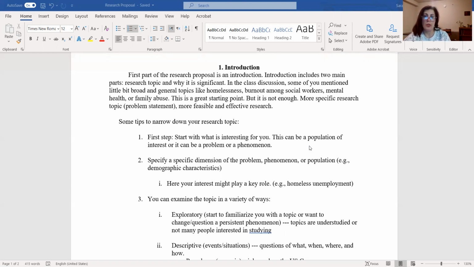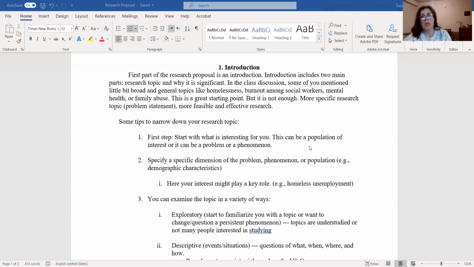The first step to make your research topic clear and specific is to start with what is interesting for you.